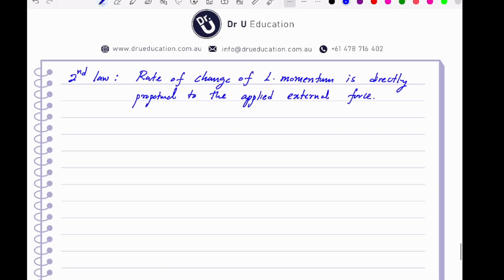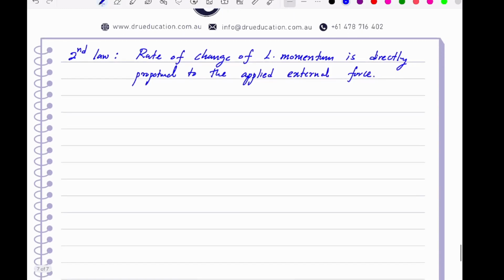So mathematically, applied external force, F external, is proportional to rate of change of, this word is very important, rate of change of momentum, which means delta p divided by delta t.